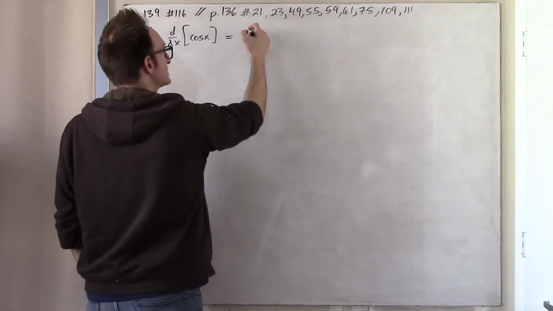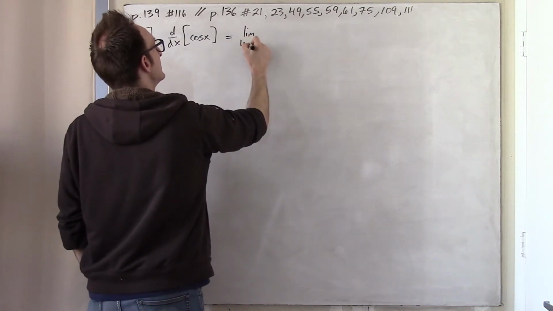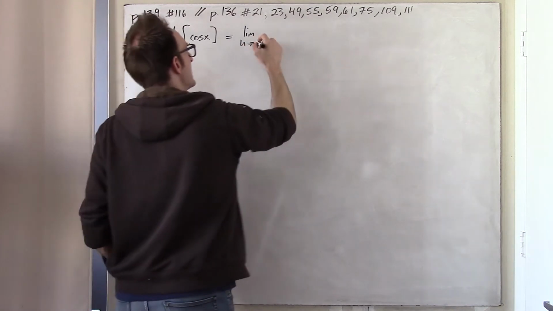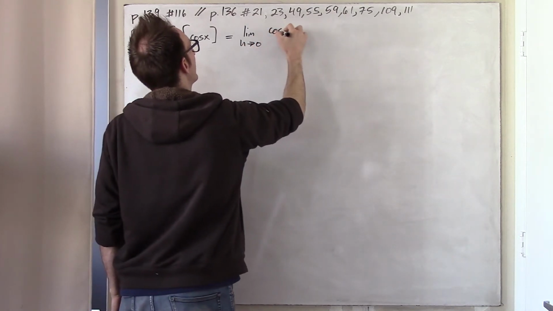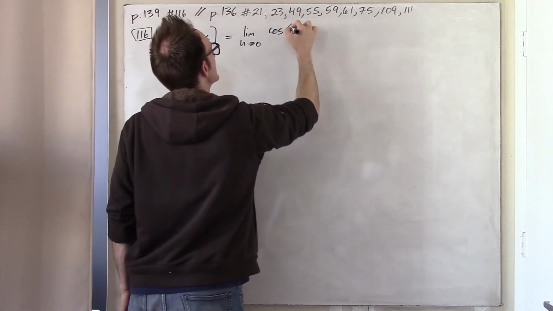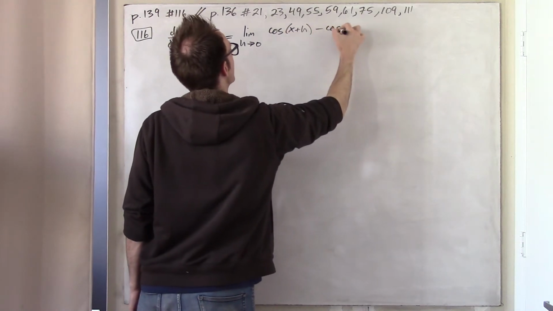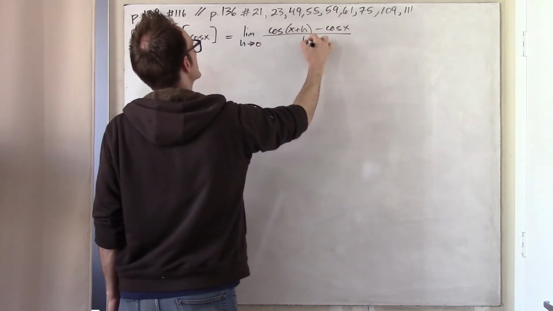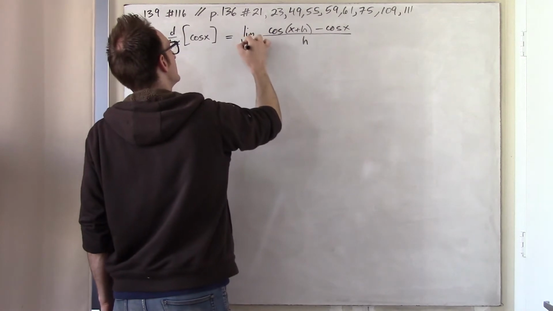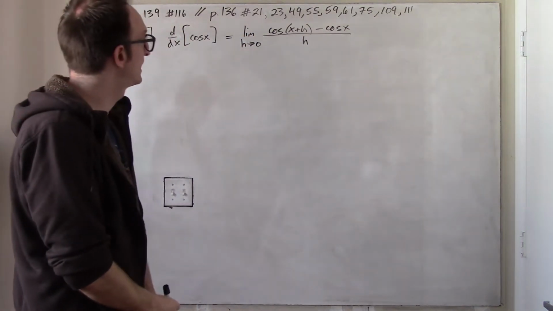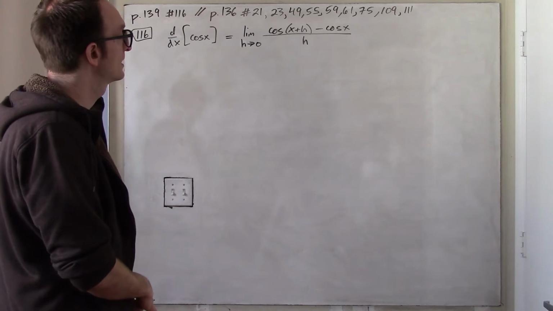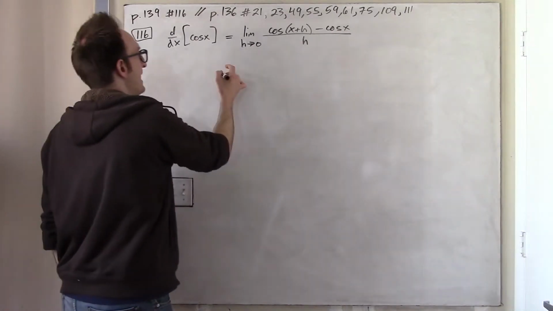Okay, what's the derivative of cosine? Well, the limit definition says that it's the limit as h goes to 0 of cosine x plus h minus cosine x all over h. And so this is going to be kind of like another big sort of limit algebra fest.